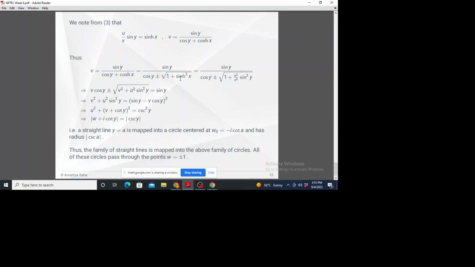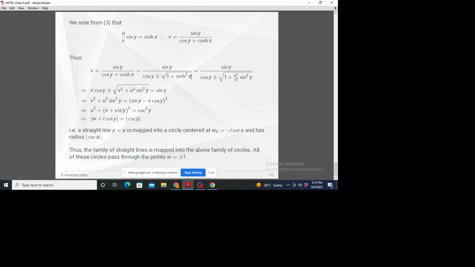For real x, only sinh x can take negative values, but cosh x is always positive. For complex x, it can take negative values also. So please ignore the minus sign here.